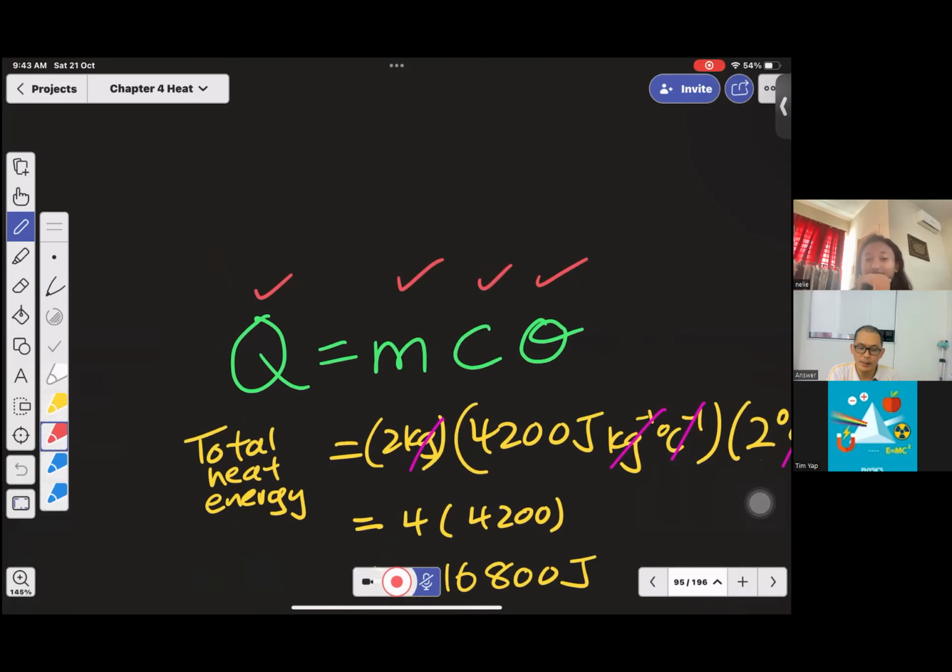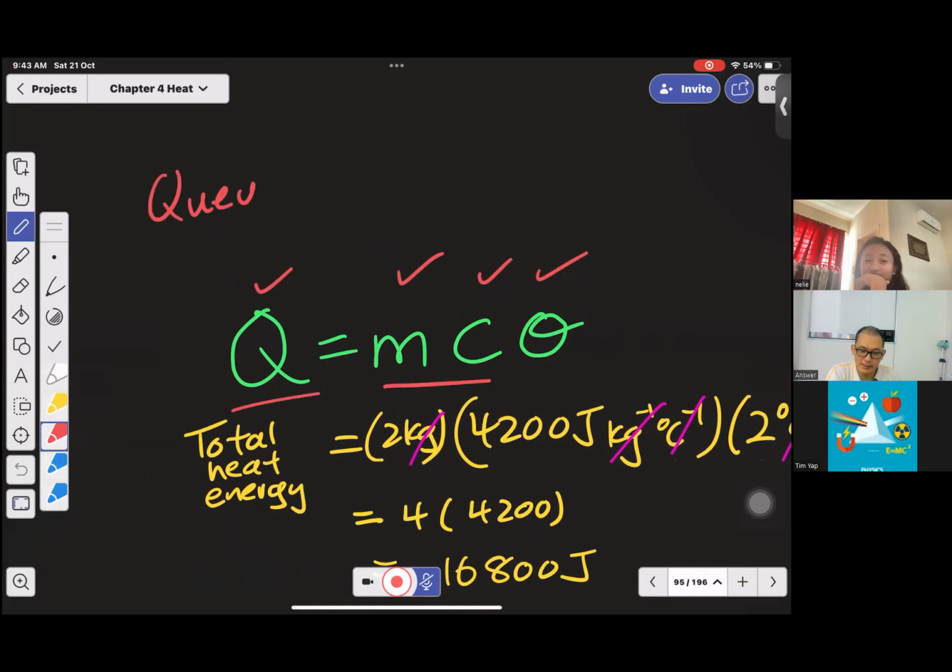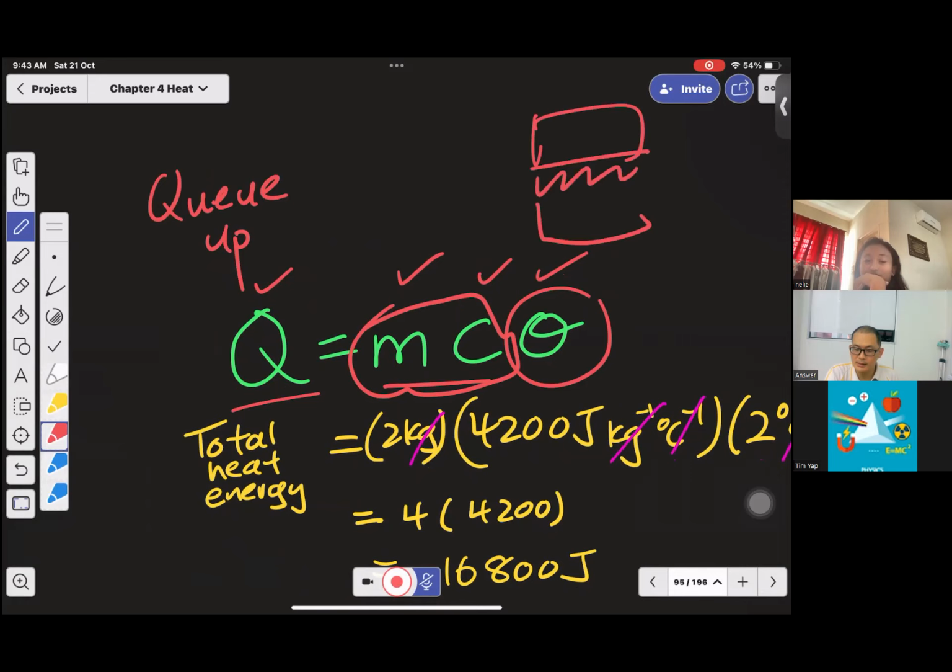Queue up in McDonald's to buy burger. QMC burger. Okay. All right.